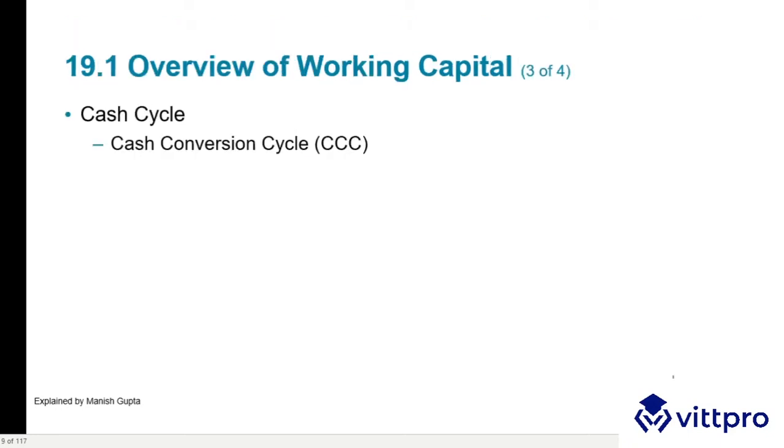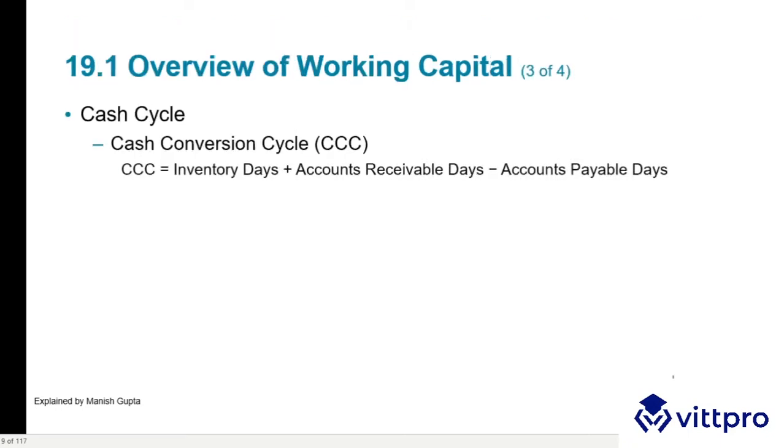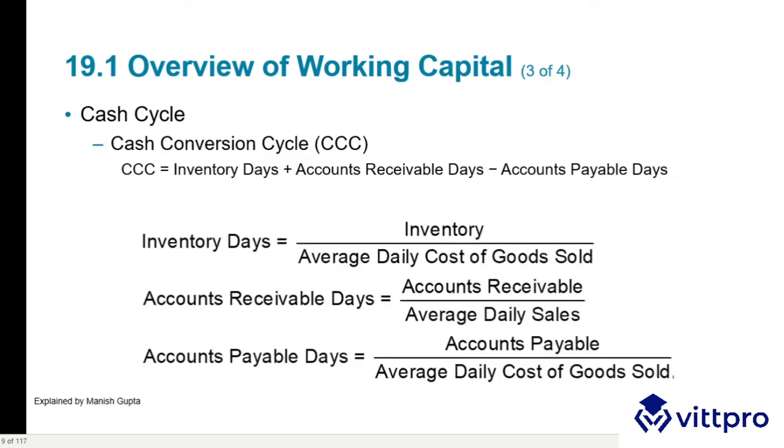If you follow the formula in terms of the accounting rules, the cash conversion cycle will be your inventory days, how long you hold your inventory, plus your account receivable days, how long you take to recover the money from your customers, minus the account payable days, meaning the cash that you are not paying to your suppliers, right? And just to remind you again of the formulas, I think you know them already.